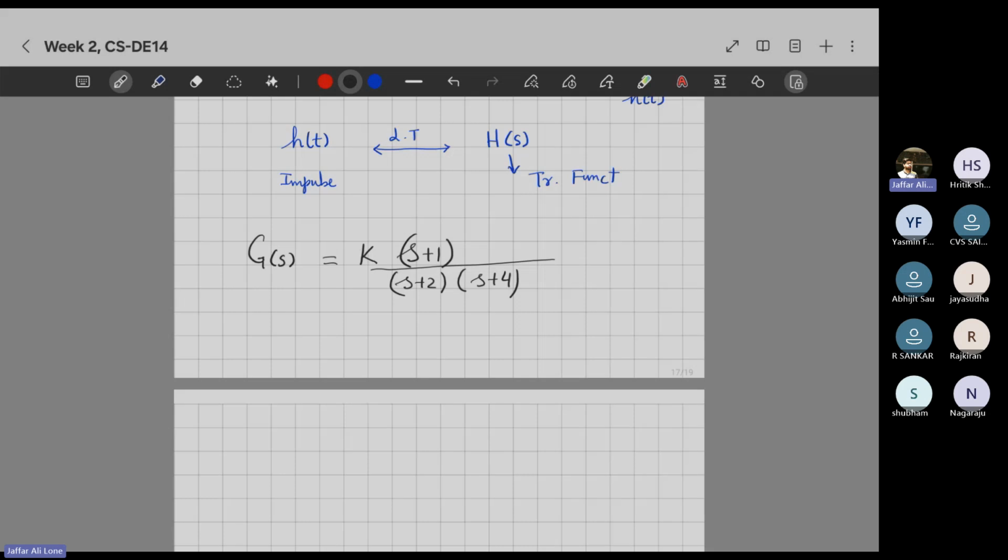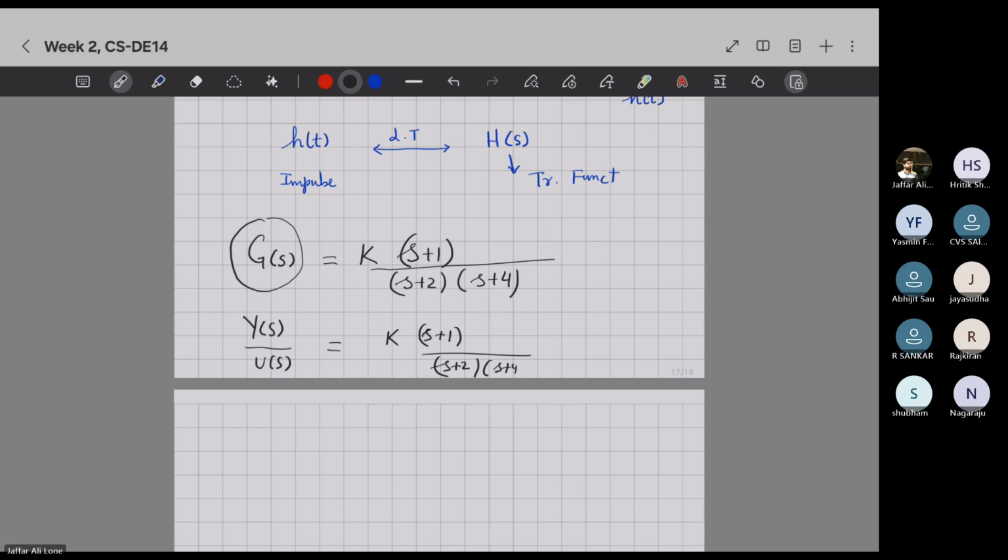Now, how will you evaluate this K? You can evaluate this if you somehow know the value of this G(s), right? What is this G(s)? G(s) is Y(s) over U(s) is equal to K into S plus 1 divided by S plus 2 into S plus 4.